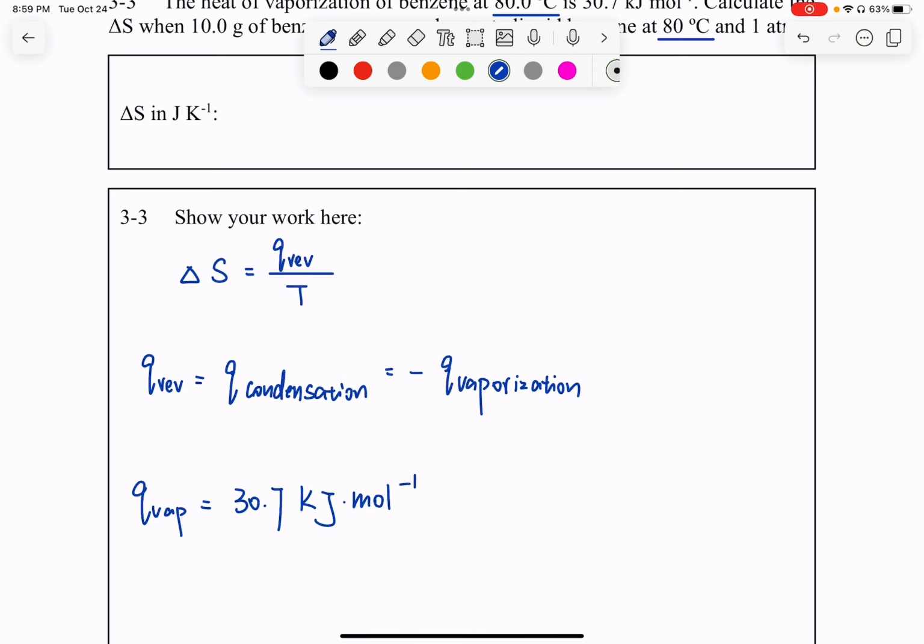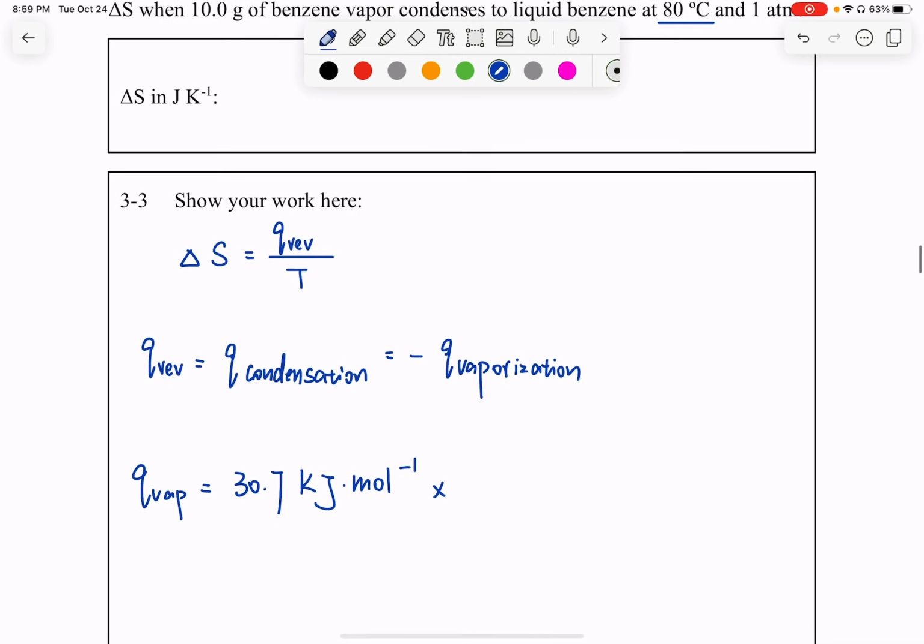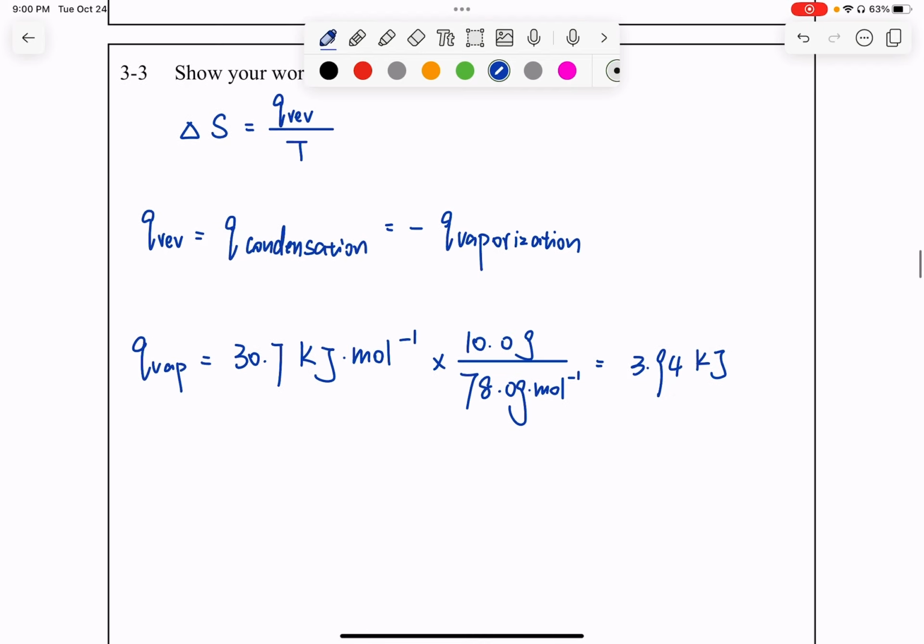We do not have 1 mole of benzene, so we have to convert that. That gives me 3.94 kilojoule.